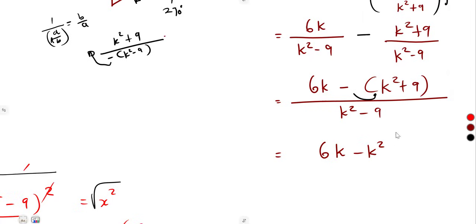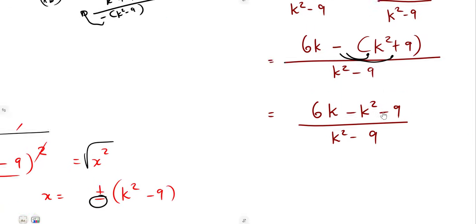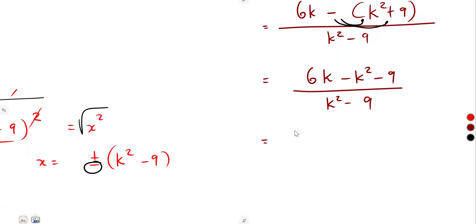That's negative k squared. Negative times positive 9, that's a negative 9, over k squared minus 9. All right, we are still on our simplification.